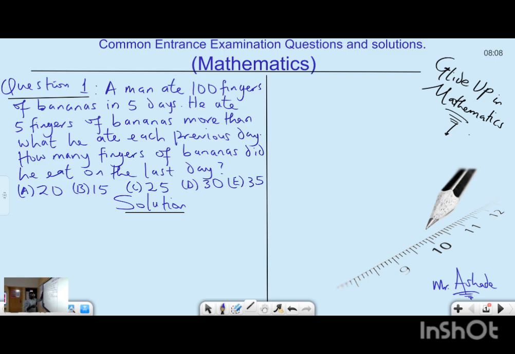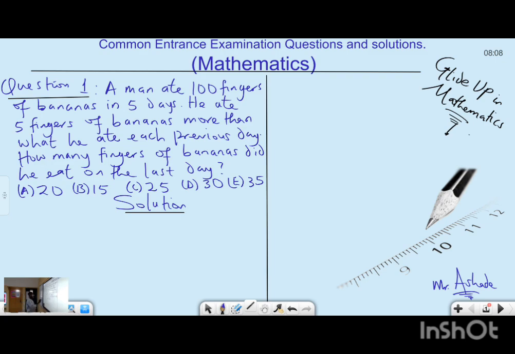We are not told the amount of fingers he ate in 1 day. So we are going to represent that with an unknown. So he ate all of the fingers of banana, that is 100 bananas, in 5 days. We don't know the amount of bananas he ate in day 1, day 2, day 3, day 4, day 5.